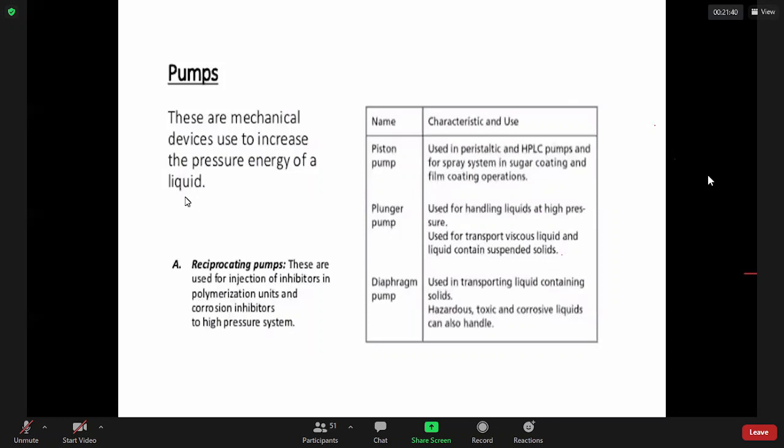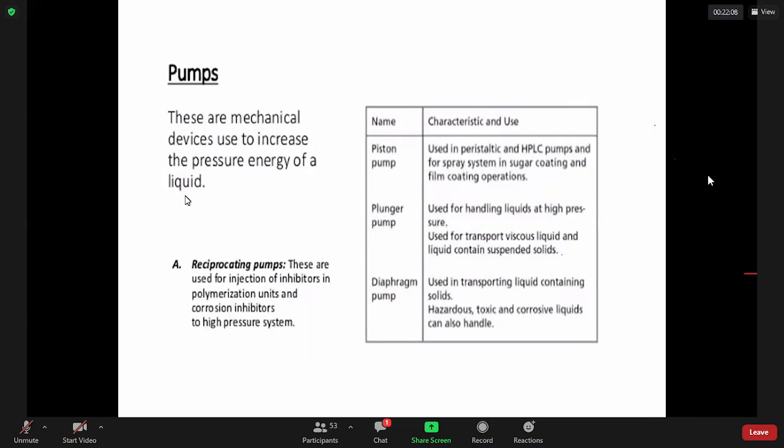We use pumps, for example, in filtering. We are transferring a fluid, like say a liquid, through very small pores, and we are using a vacuum pump to apply pressure so that it can go through.